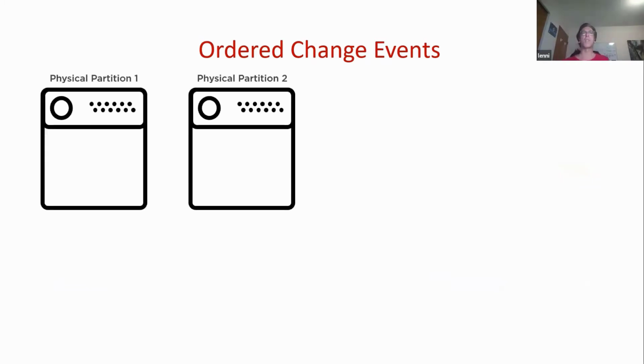So how does this work in high volume and high scale? Let's look at our physical partitions. And again, just like a container is a single logical resource behind which you have multiple physical partitions, that change feed is really an abstraction, because each physical partition really has its own change feed behind the scenes.